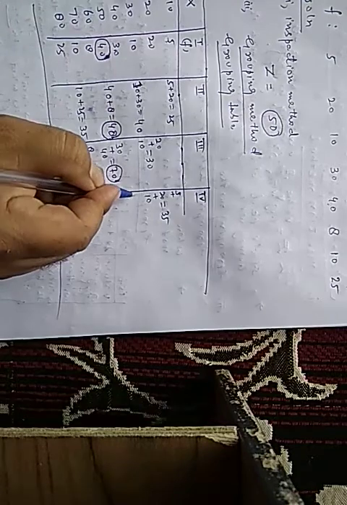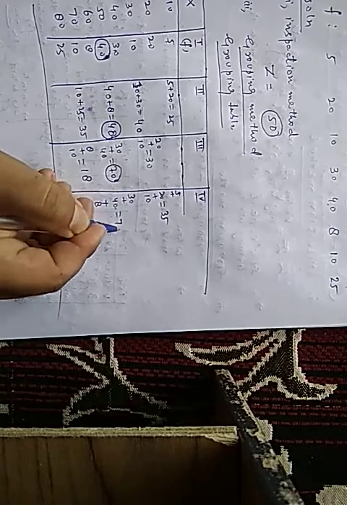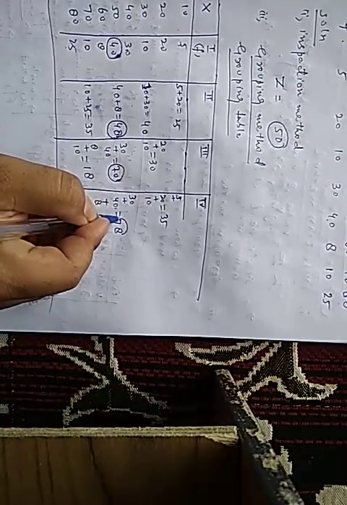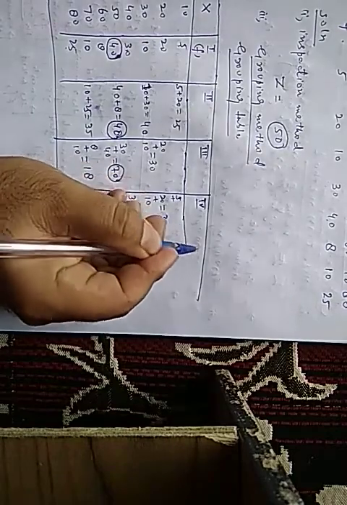Then 30 plus 40 plus 8, it will be equal to 78. There remains 10 and 25. They will not be added because we have to add the frequencies in threes in the fourth column. And in this, the highest frequency is equal to 78.